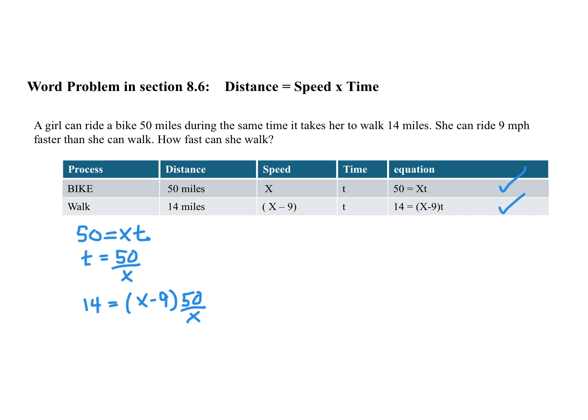We get 14x is equal to x minus 9 times 50. 14x is equal to 50x minus 450.